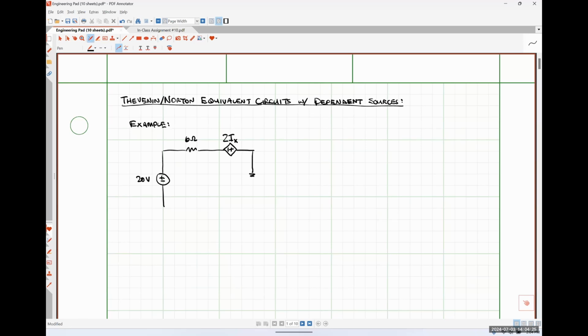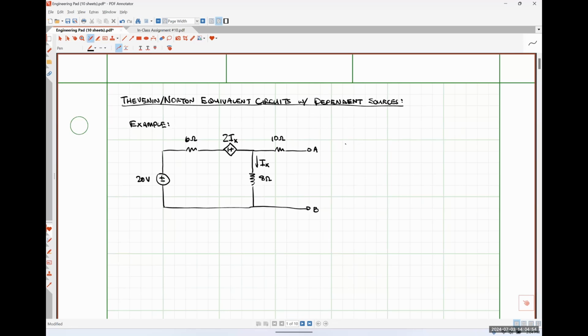Our current Ix will be the current that is flowing down through an 8-ohm resistor here. And then lastly, I'm going to put a 10-ohm resistor on the top right, like so. Let's call this terminal A and terminal B.